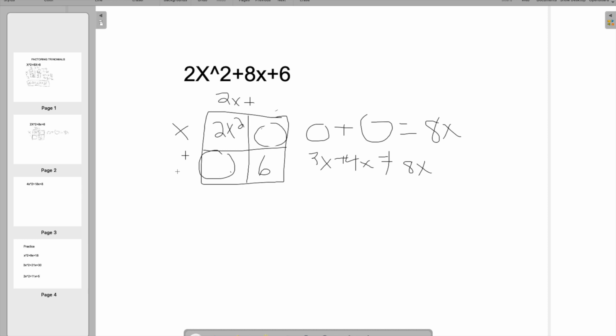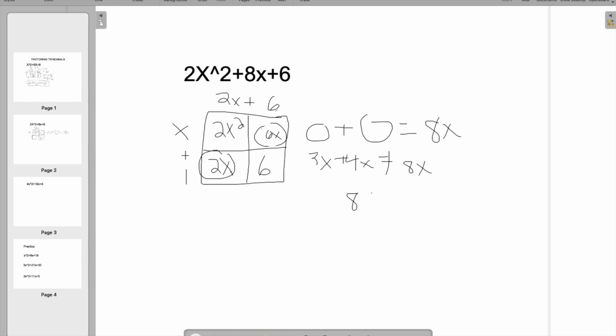So now I'm going to try 1 and 6. So x times 6 is 6x. And 2x times 1 is just 2x. Let's add them together.